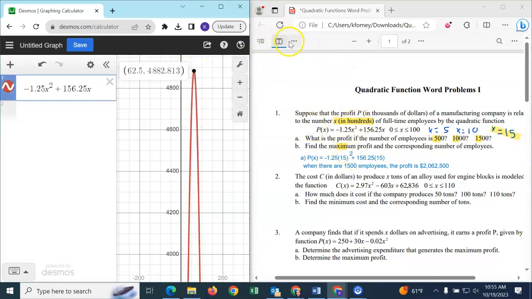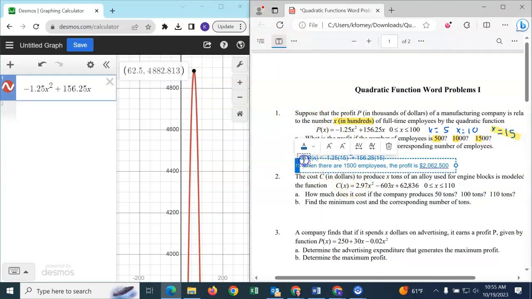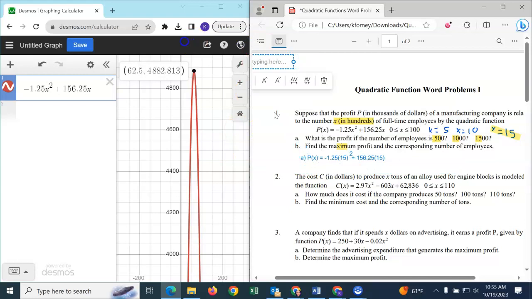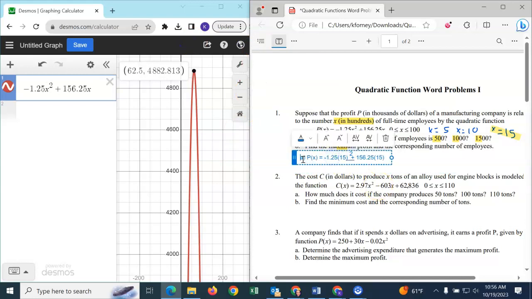So looking now at part B, we're asking ourselves, find the maximum. So the maximum is the vertex. So we look at the vertex, the maximum profit.